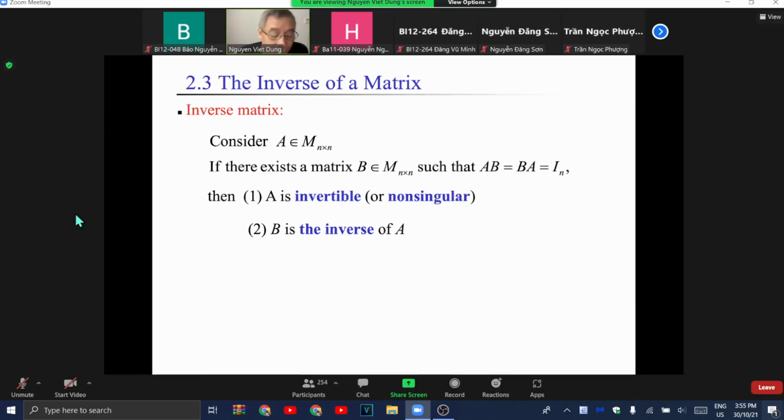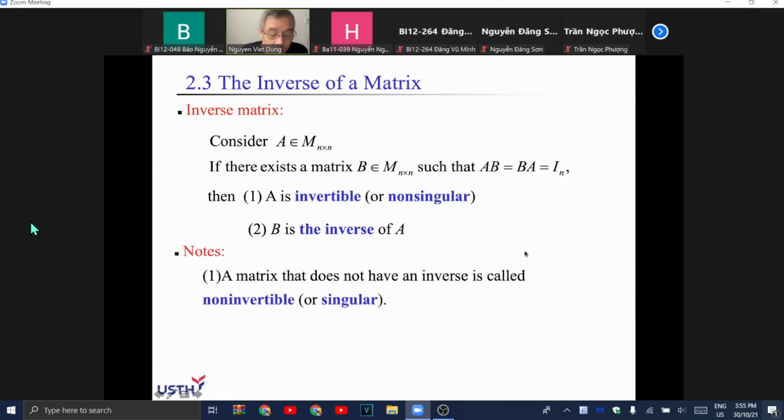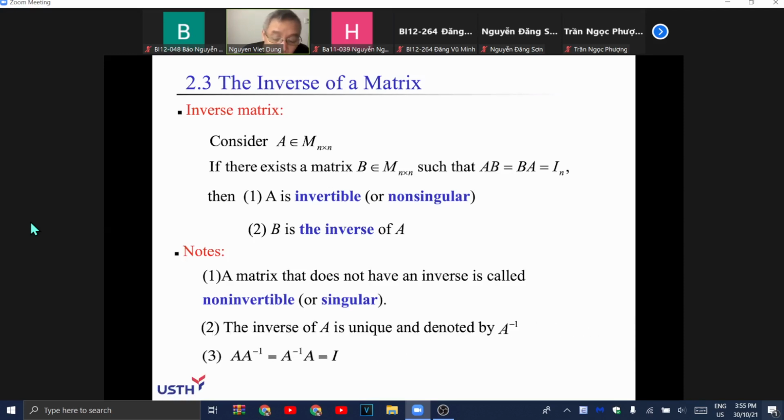So now we know what it means for a matrix to be invertible. Then I give you some more names. A matrix A, for which we cannot find a matrix B satisfying those conditions, we say that A is a singular matrix or a non-invertible matrix. And in case A is invertible, we can find only one inverse, only one matrix B satisfying that.